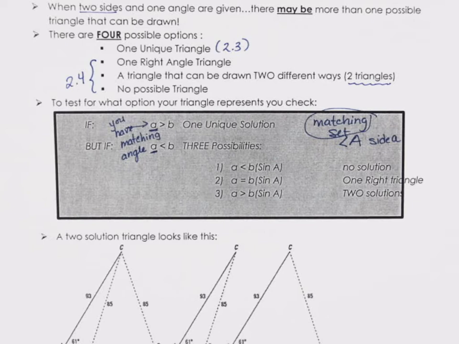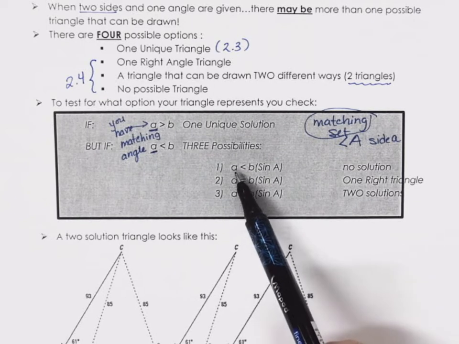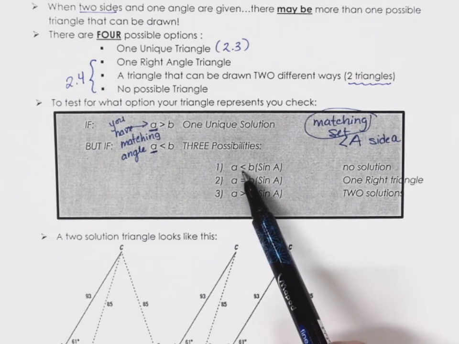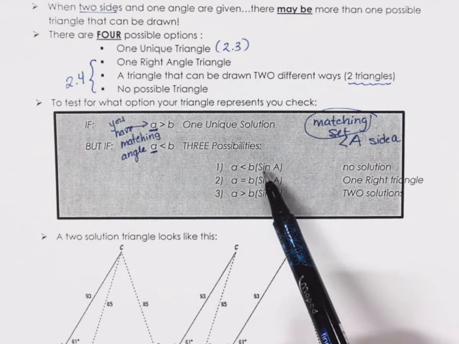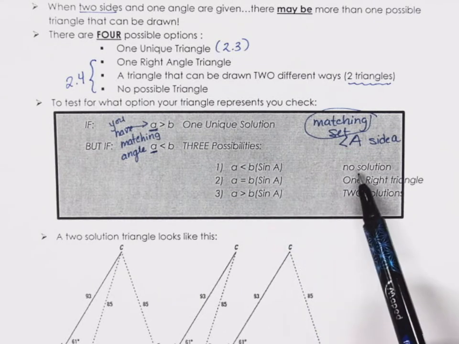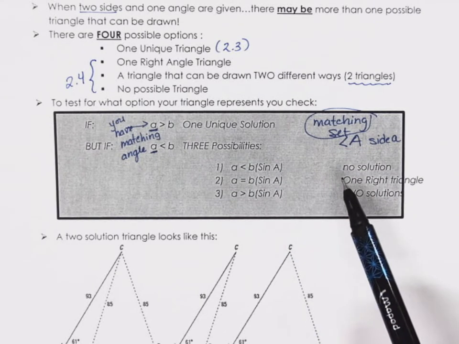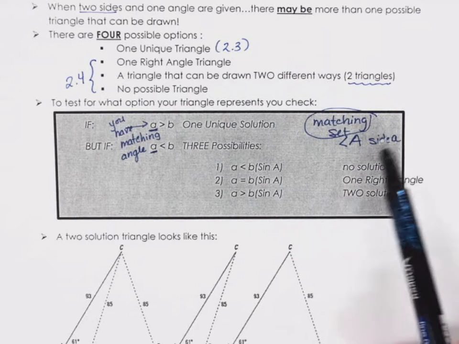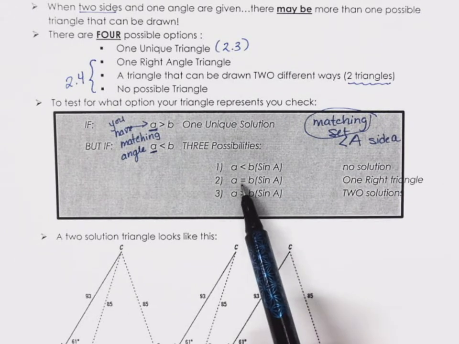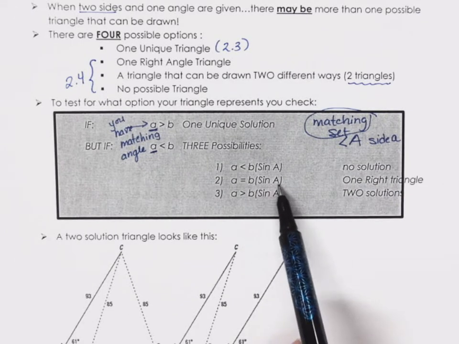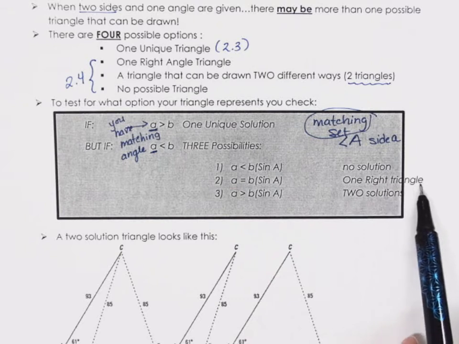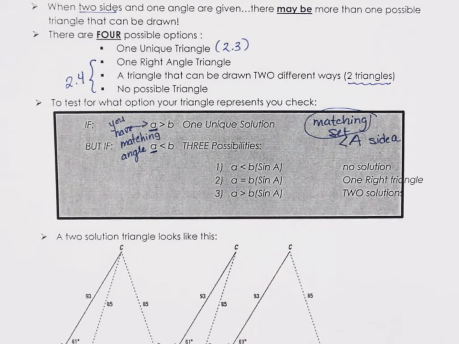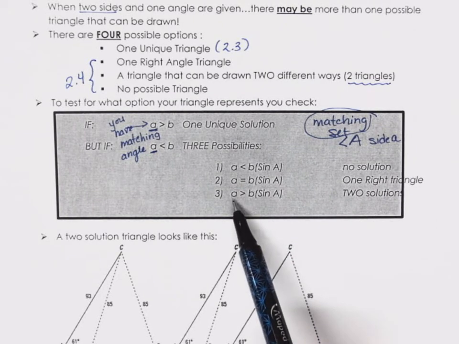And we'll go through all these steps. If side A is less than B times sine of A, there's no solution. We all hope for those, because then you just write no solution and you're done. If A equals B times sine A, you have one right triangle, and we can all do that. That's pretty easy.